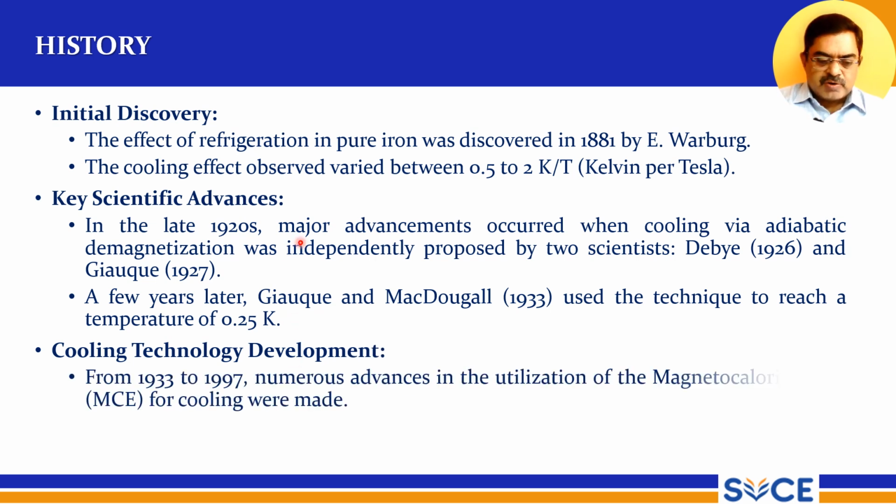Cooling technology developments from 1933 to 1997: numerous advances in the utilization of magnetocaloric effects for cooling were made. So 1933 to 1997 is the period where so many advancements took place in refrigeration systems, such as the magnetocaloric effect coming into the picture during this period.